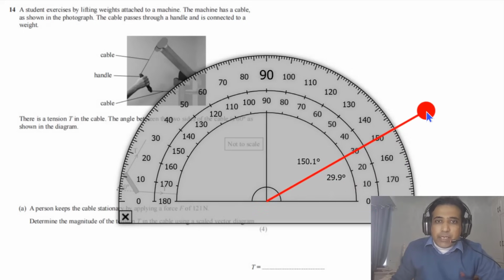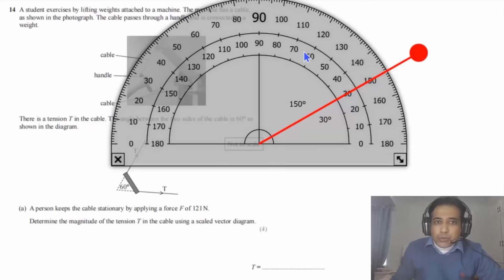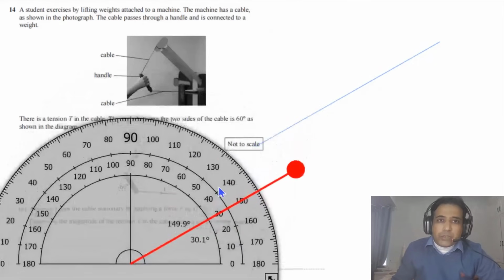We can place this one here so we have more space. This angle is 30 degrees with the horizontal. So I'll sketch a line here. This line is at an angle of 30 degrees. This is how you can sketch the line.